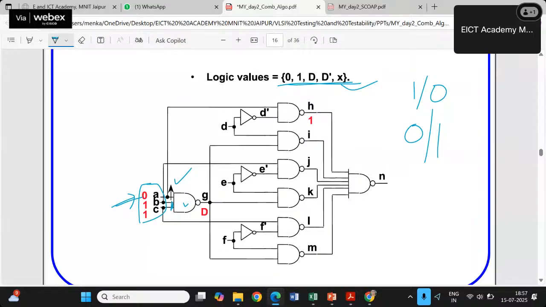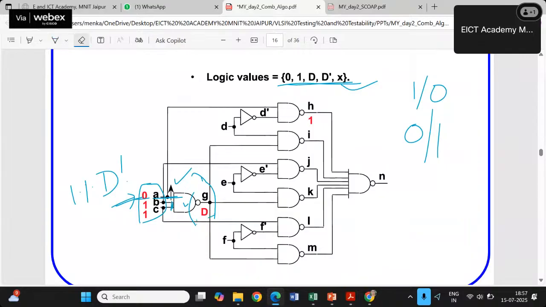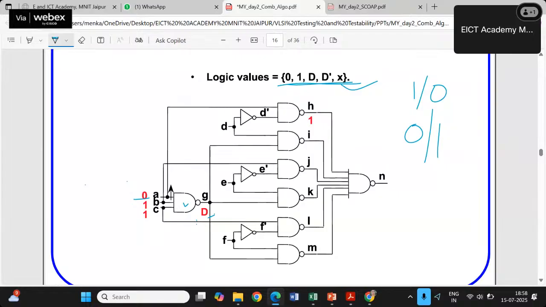Got my point? Now the fault is at this line, so this is the gate through which it can propagate. If this was 0 and the fault was 1, I can write it as D dash. D dash ANDed with 1, ANDed with 1, and then the NAND of that, D dash and then the inversion of that, is going to give me D. So the output of this becomes D. At G, I'm having D. Now this D has three paths to propagate.